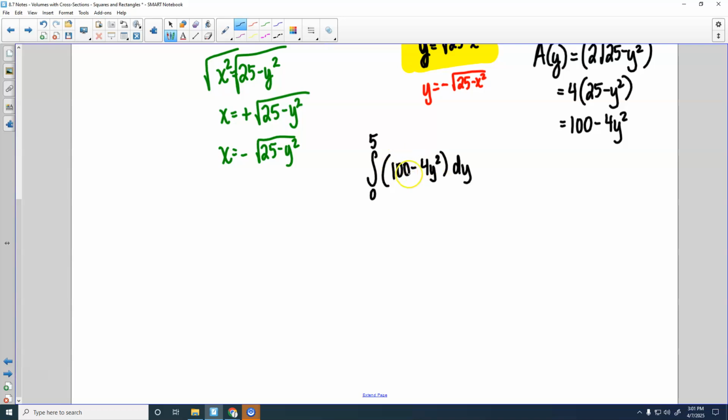Okay. So here we're going to integrate. We'll get 100y, and then we'll increase the exponent by 1 and divide out front by that exponent, and then we will evaluate this from 0 to 5.